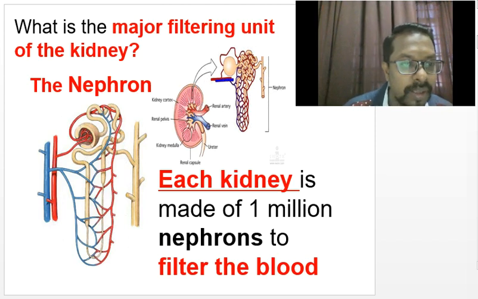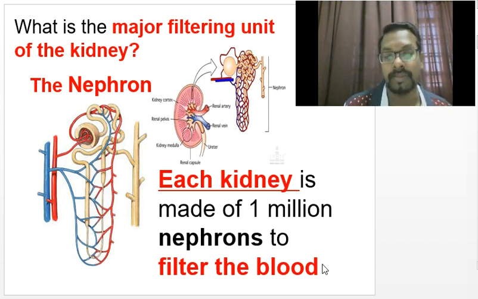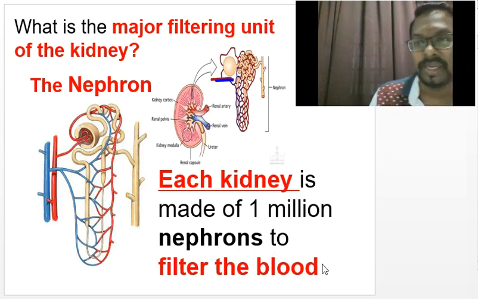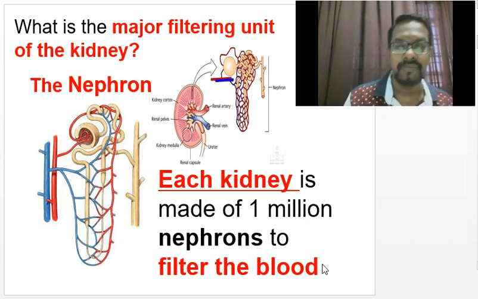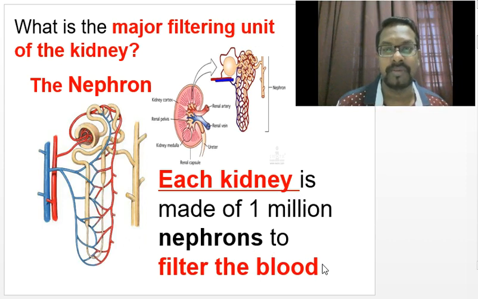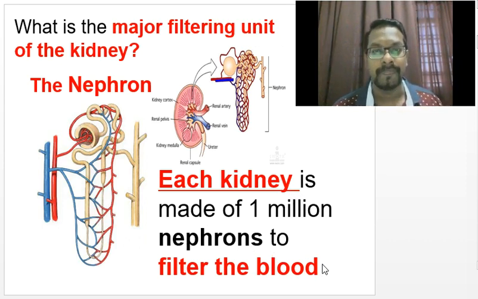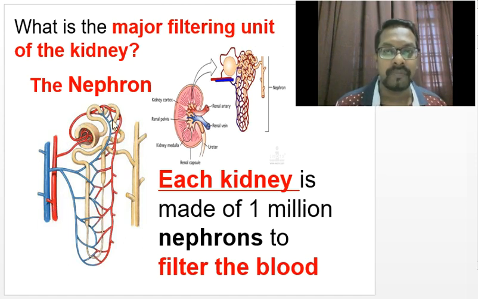That's why each kidney is made up of 1 million nephrons to filter the blood. But we still have this issue called kidney failure. There are a lot of things that can harm these nephrons. So again, the nephron is the major filtering unit of the kidney.